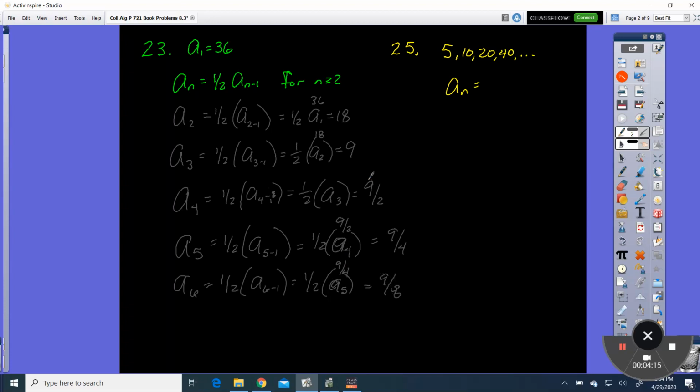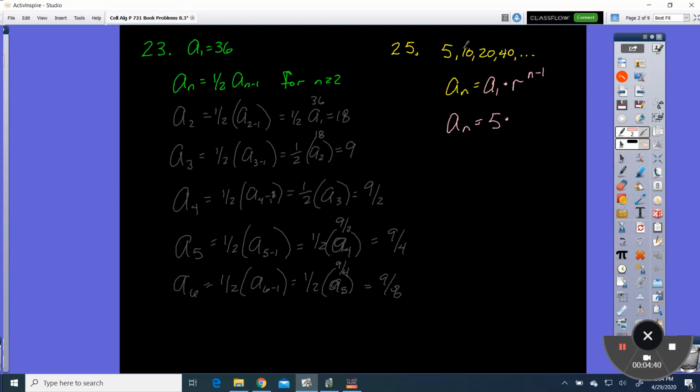So that's 23. 25 is asking you to write a formula for the nth term of the geometric sequence. Okay, so we want to write the general form. So if you remember, it's an equals a1 times r to the n minus 1. So an equals my first term, which is 5. 5 to 10.